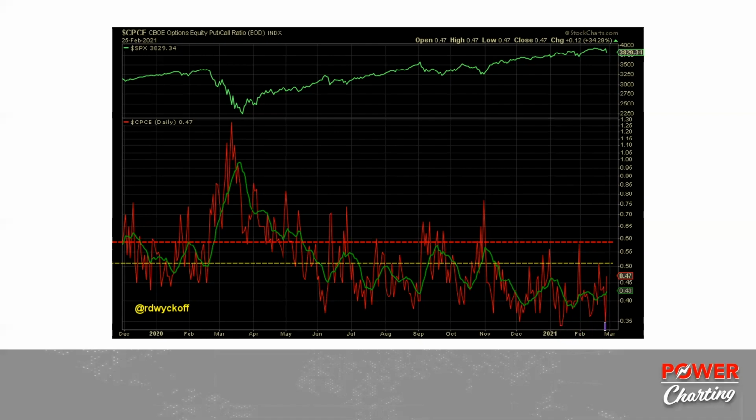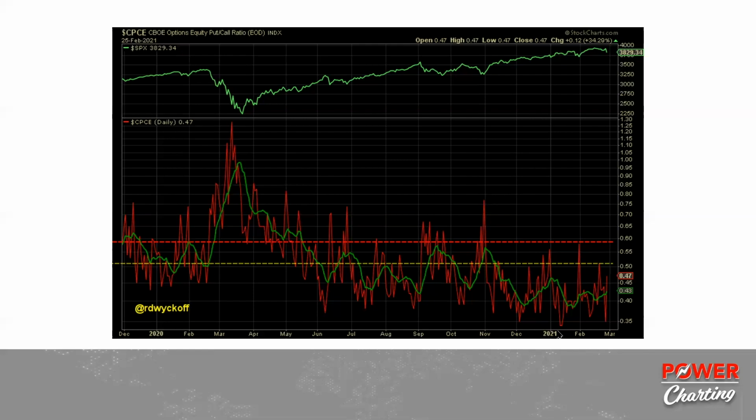It's just above this reading from mid-January. And so this shows that as soon as the market started to go up again, the bullish behavior among speculators took off right away.